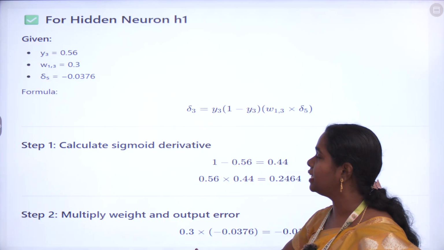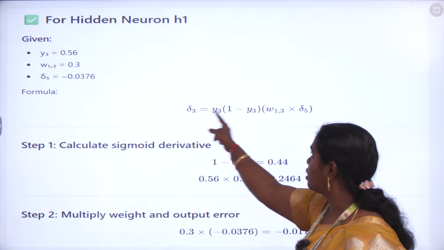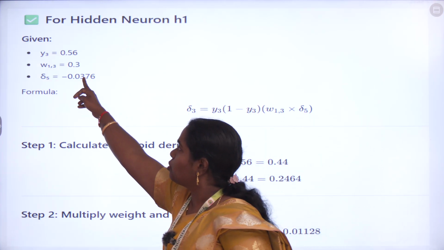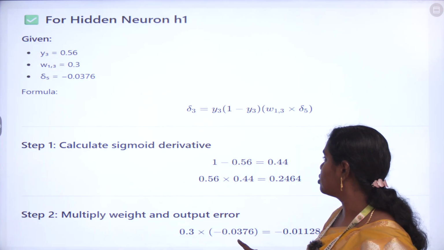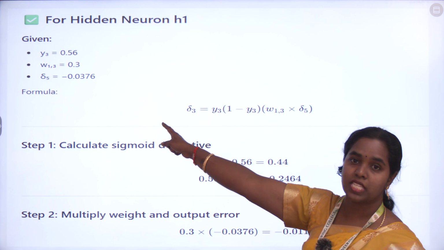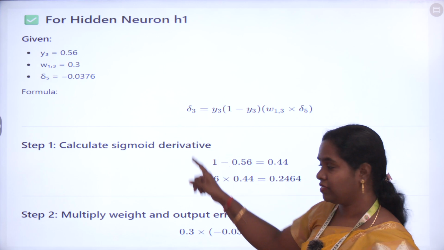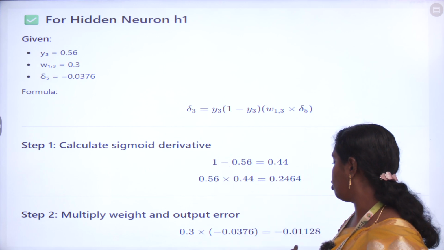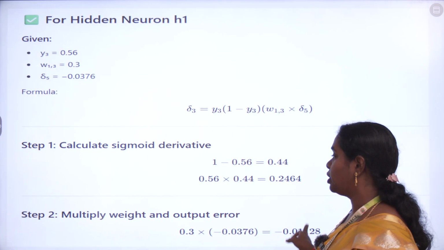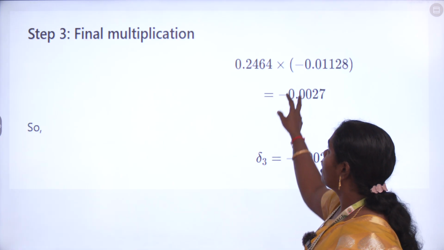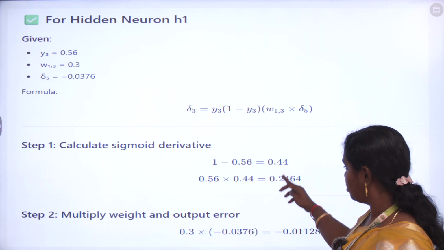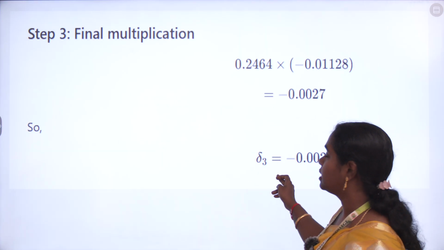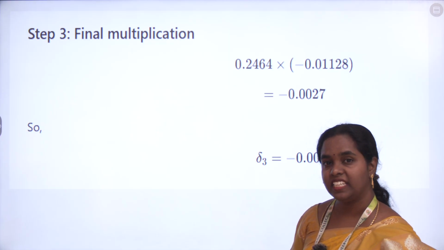So 0.3, that is weight 1,3, which is 0.3, into 0.0376, the delta 5, and finally you will get the value of 0.01128. You have to multiply both values, and you will get the value of delta 3.